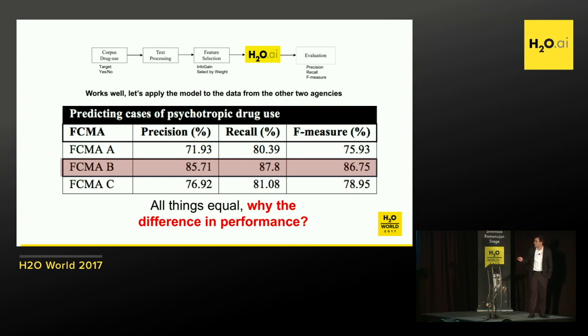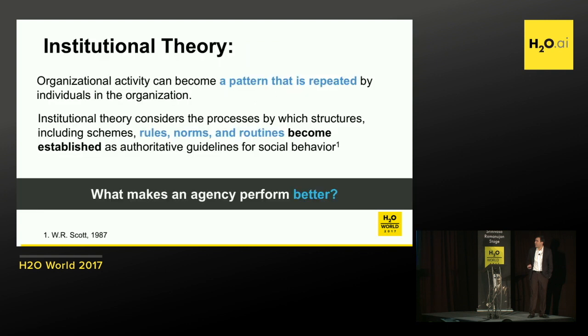So there's an explanation to this, and I'm going to backtrack to theory, and how we work as individuals and how we perform in the organization. Institutional theory tells us that organizational activity can become a pattern that is repeated across the organization.